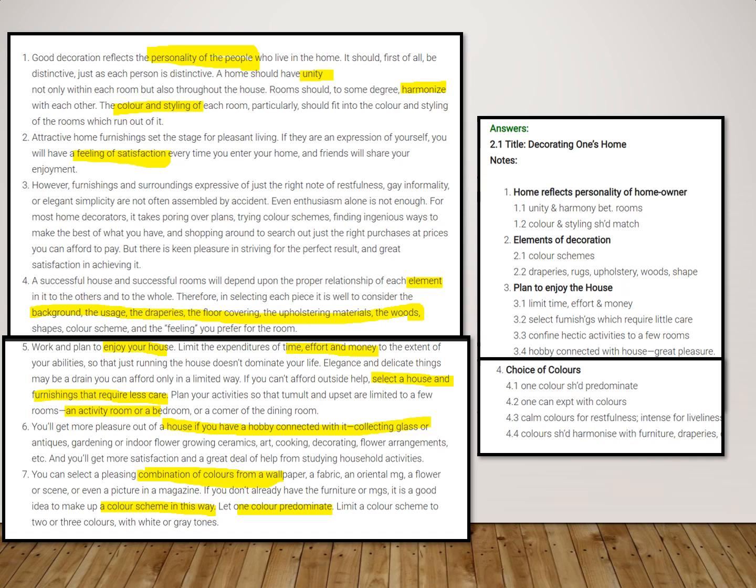So if you look at this whole passage over here, it doesn't mean that if I have to write down my first main point and its subpoints, it should be from the first paragraph. There's nothing like that. You can see that my third point comes back way back into the fifth paragraph.